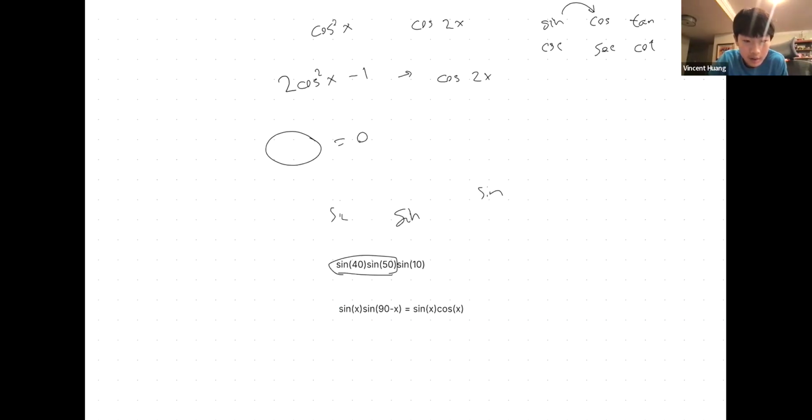So this expression is actually equal to sine 80 over 2 times sine 10. And you can notice this for sine 80 and sine 10 as well. So this is one useful strategy when you're solving trig problems with a ton of fractions.